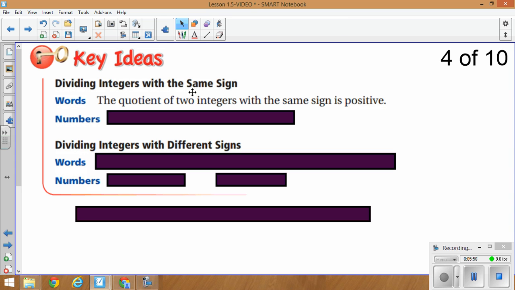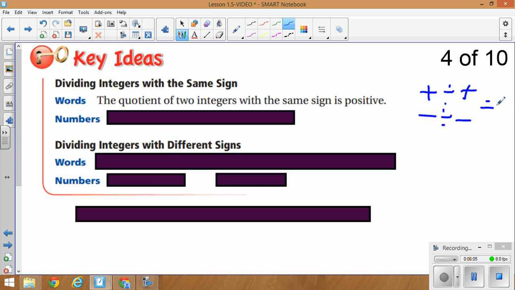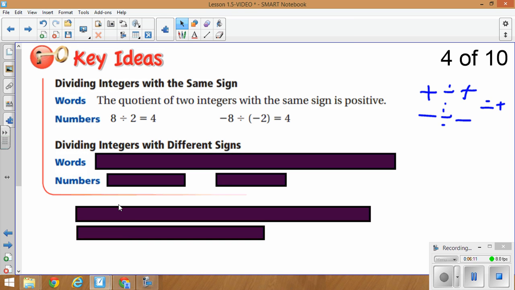So when I'm dividing two numbers with the same signs, whether it's two positives or two negatives, my solution is positive. And here are two examples. Two positives equal a positive, two negatives equal a positive. Remember, keep pausing wherever you need so you can take notes.